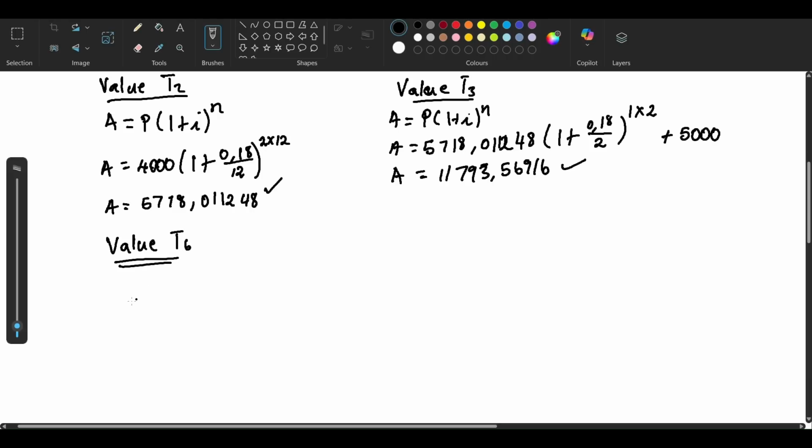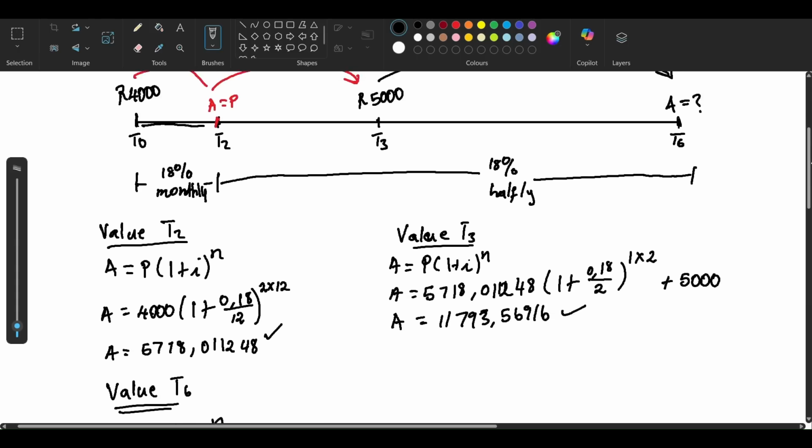Actually, you're going to write the formula, and then you're going to say 1 plus i raised to the exponent of n. You're going to say A is equal to 11,793.56916, right? Into 1 plus our percentage is still the same, 0.18 divided by 2, because our compounding period is still the same.